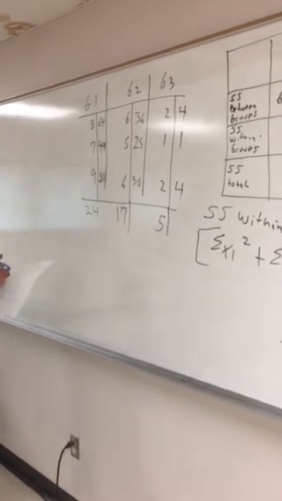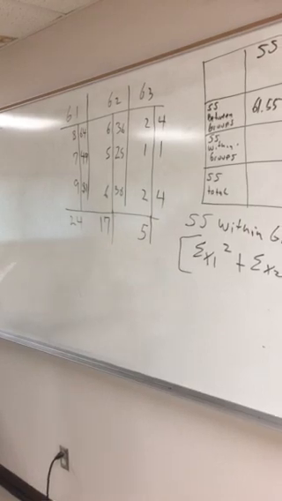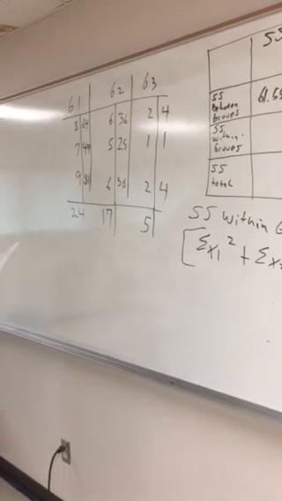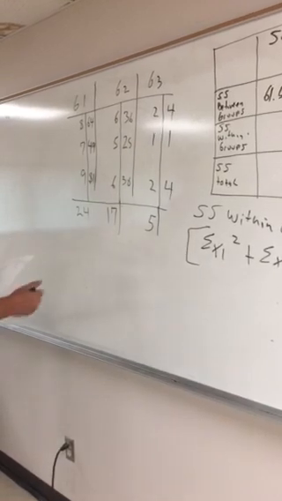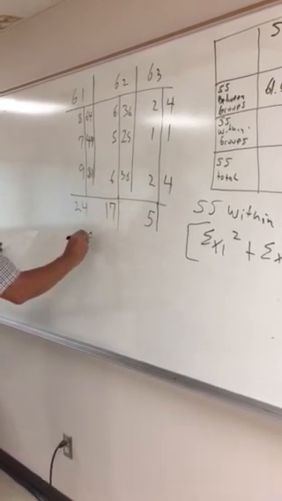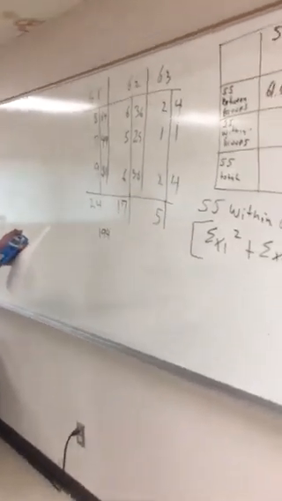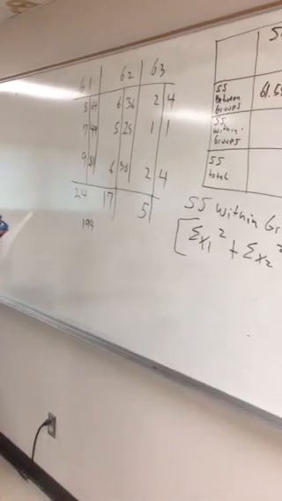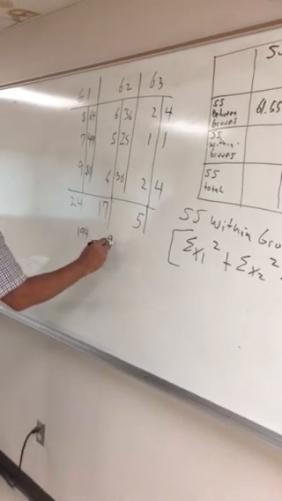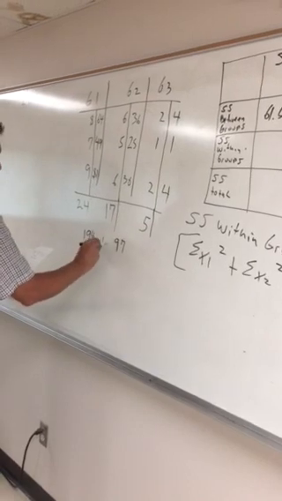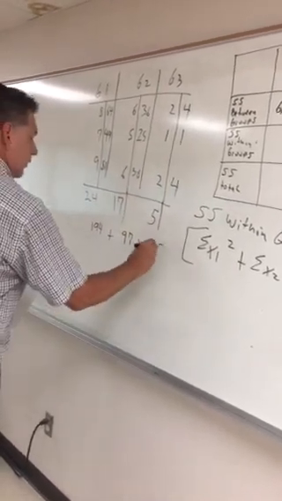So I'm going to sum the squared values for group 1, and I'll have 64 plus 49 plus 81. That's going to give me a value of 194, and then I will come to group 2, 36 plus 25 plus 36, 97 is my value there, and then I've got 4 and 4 and 1 is 9, so I've got 9.